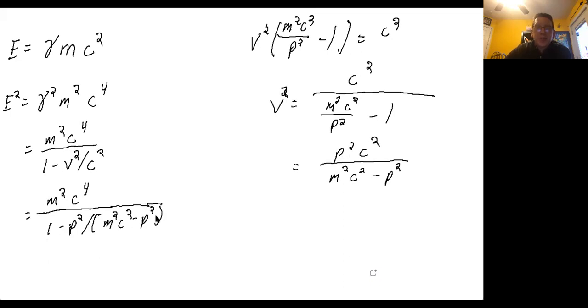So what we then do is multiply the numerator and the denominator by what we have in the fraction.